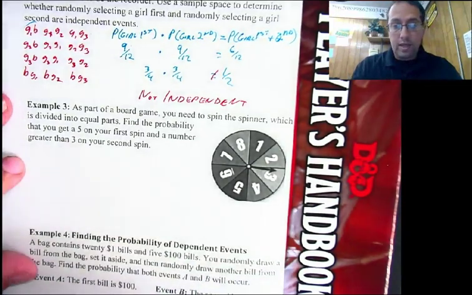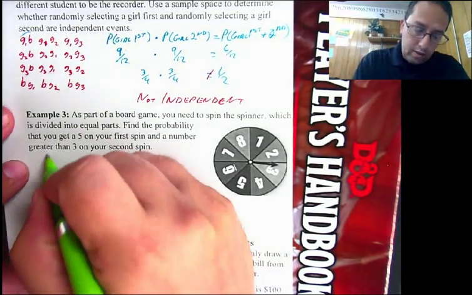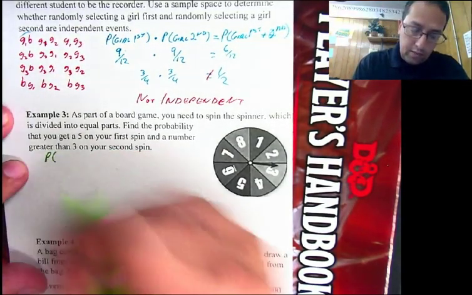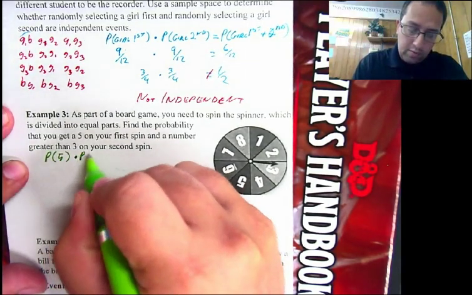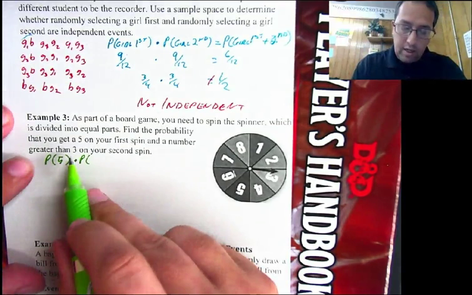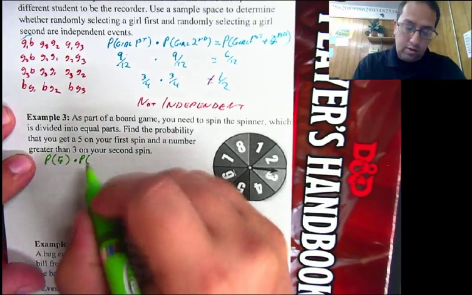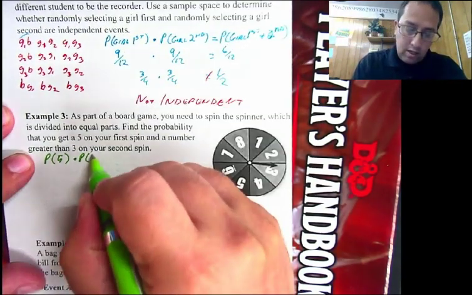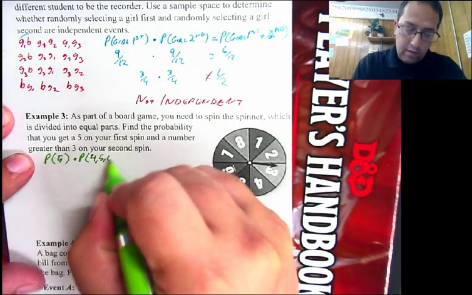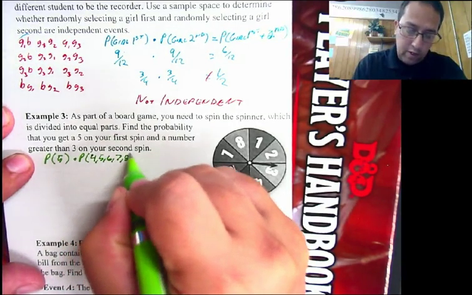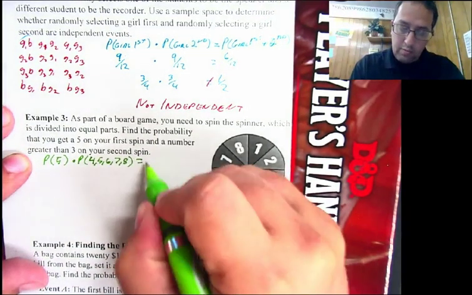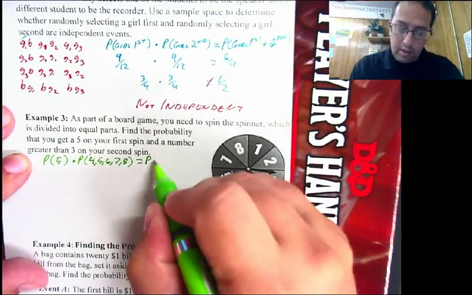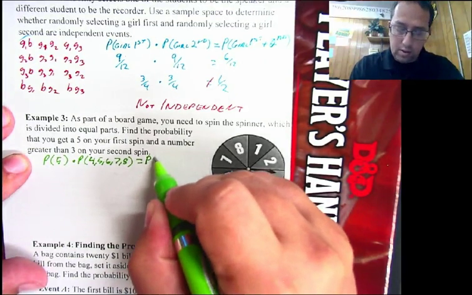So this is going to be independent, which means the probability of getting a 5 times the probability of getting anything greater than a 3, so that would be anything 4, 5, 6, 7, or 8, is going to equal the probability of both.